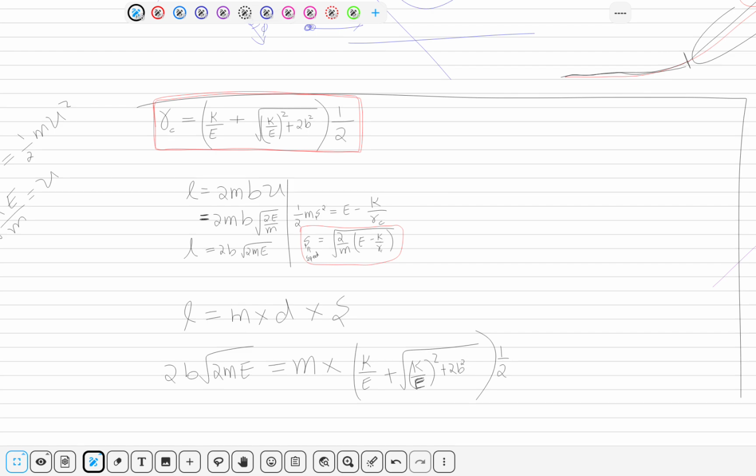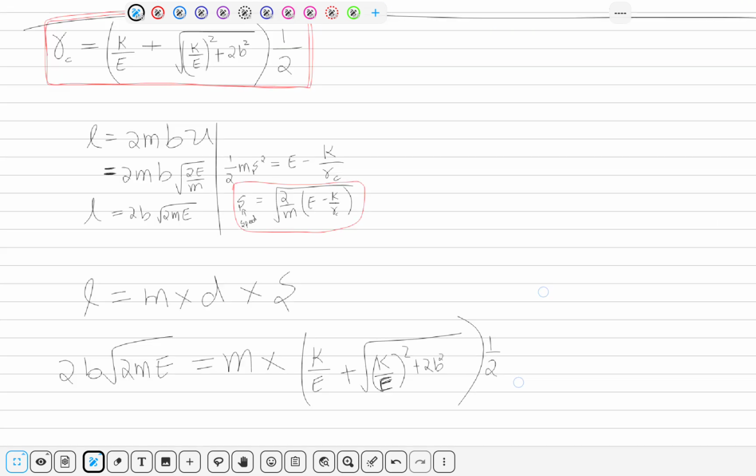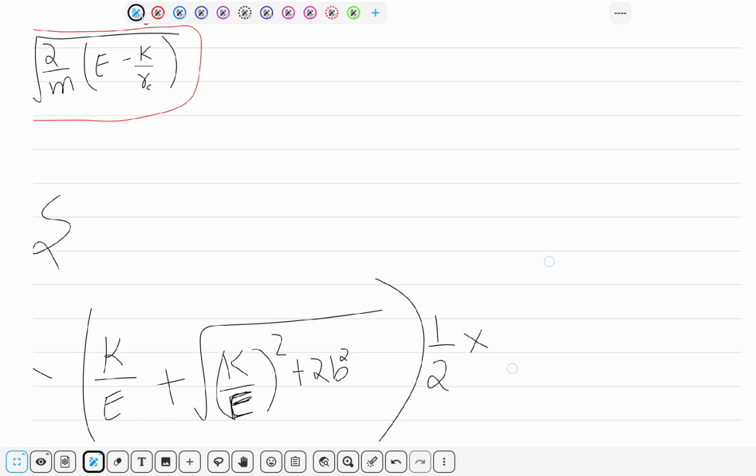And then finally the speed, which I know.